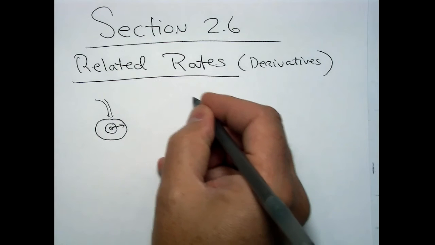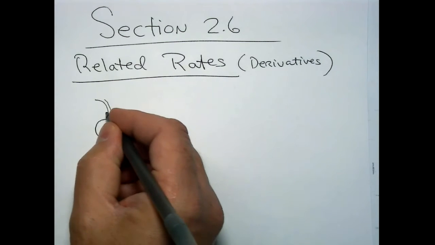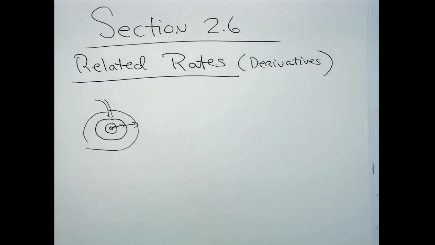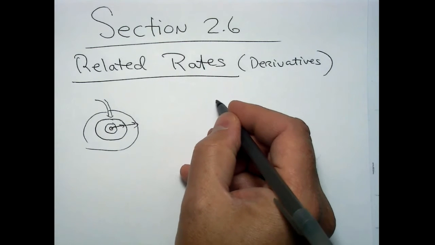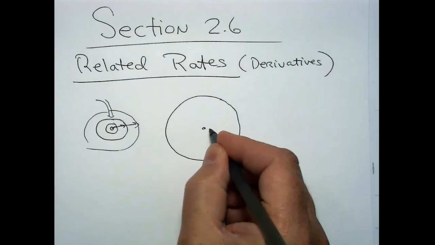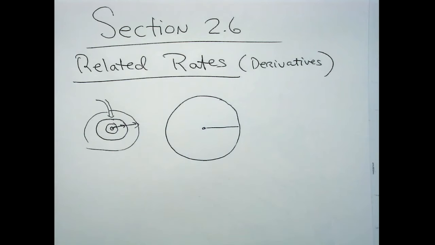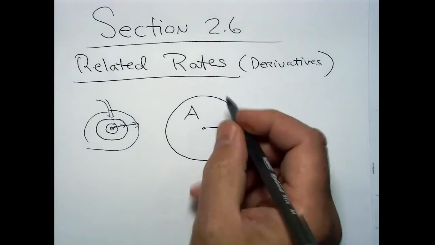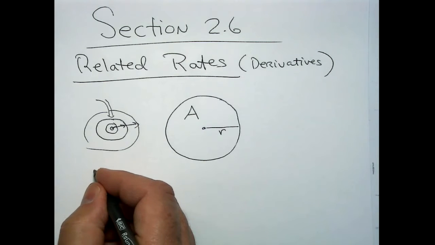Now, the first thing we could do is freeze this movie, because it truly is a movie. All of these are movies, and we're watching the area grow. Freeze the movie. Get a static picture, one frame of the movie, and this is what you'll see. When you take a photograph, you see that there's a radius, and naturally there's an area, and then we need that static formula, that geometric formula.